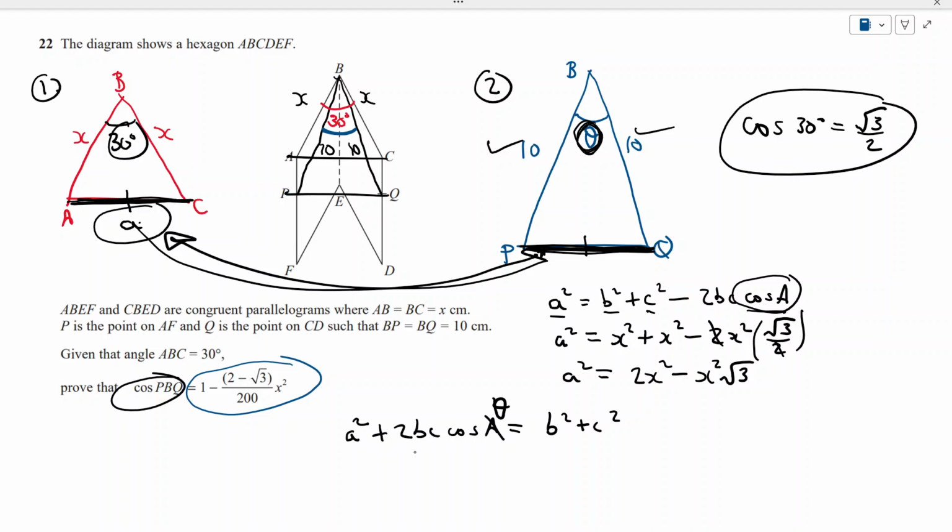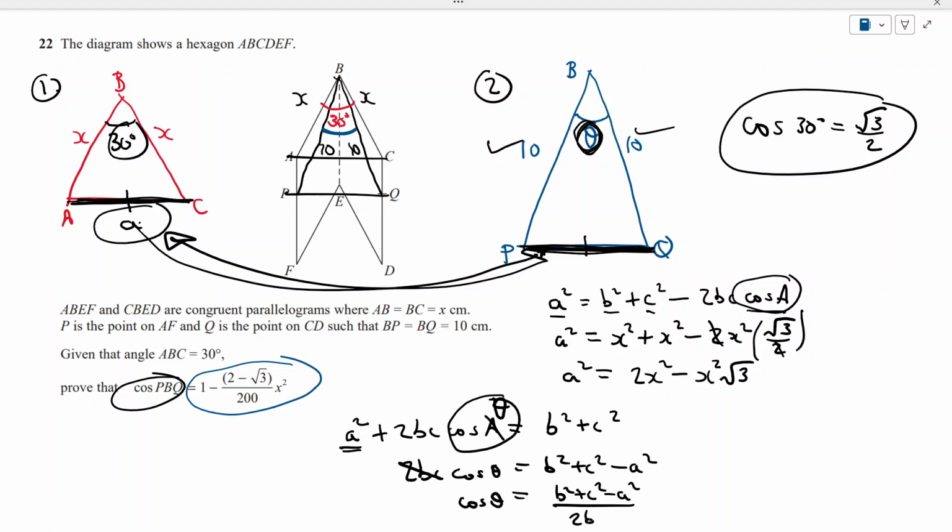A squared plus 2bc cos theta equals b squared plus c squared. We want to isolate cos theta, so the next thing we're going to do is subtract a squared from both sides, so we get 2bc cos theta equals b squared plus c squared minus a squared. Now we divide both sides by 2bc, so cos theta equals b squared plus c squared minus a squared all over 2bc.